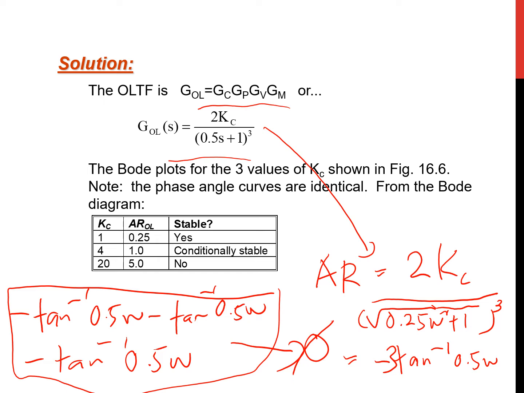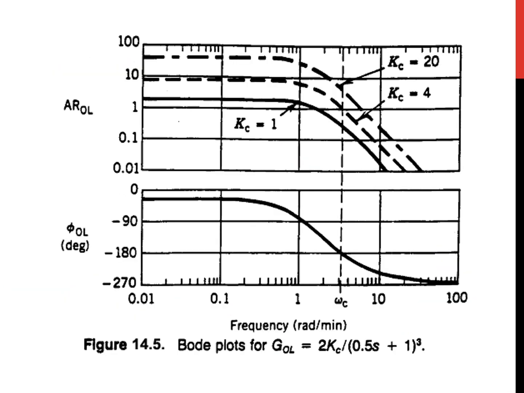Now, based on this, we change the Kc value to 1, 4, and 20. Based on the Bode stability criterion, AROL at ωc must be equal to 1. So we develop the Bode diagram, with the AROL and the phase angle in degrees. This frequency is included into the AR in order to calculate the value of AR at each frequency.